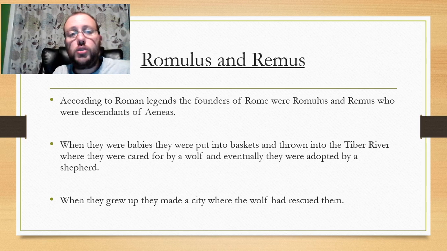So this story is very familiar if you are part of the Judeo-Christian belief system, or the belief system of Christianity, Judaism, things like that, because the story of Moses is very similar.